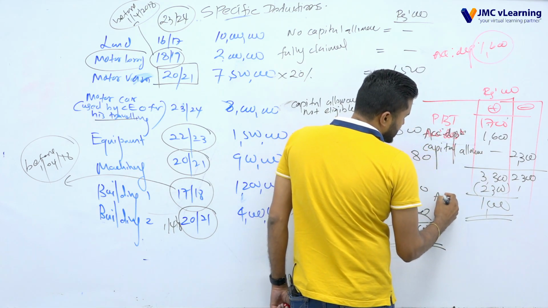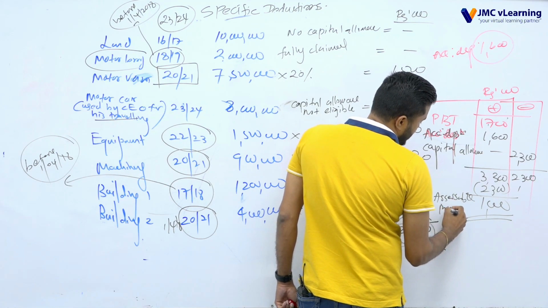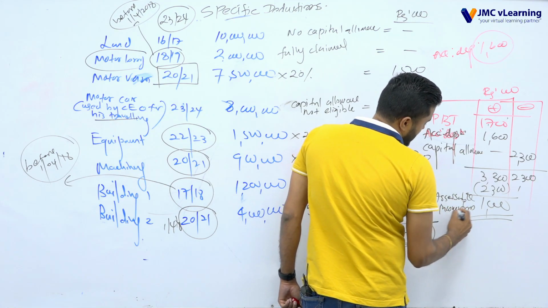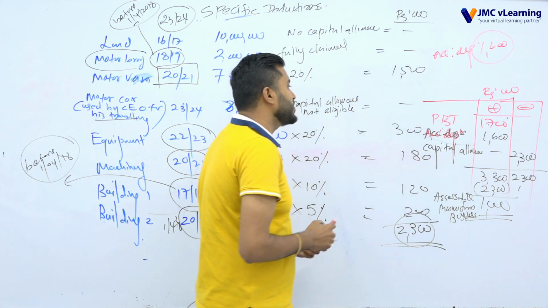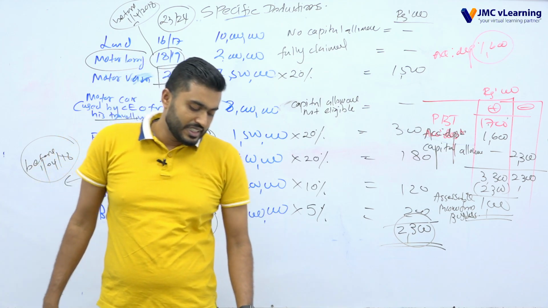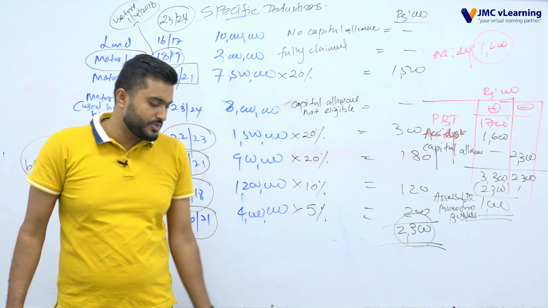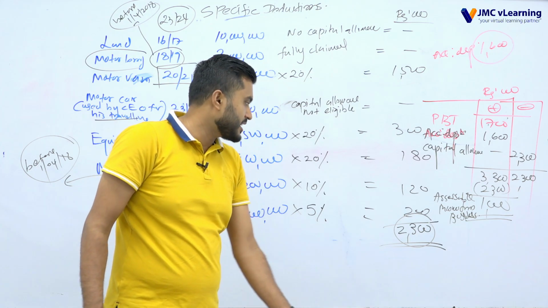That is the assessable income from business, right? This is the way you have to do the adjustment. Please keep in mind the accounting depreciation is never allowed to be deducted as an expense for tax purposes.